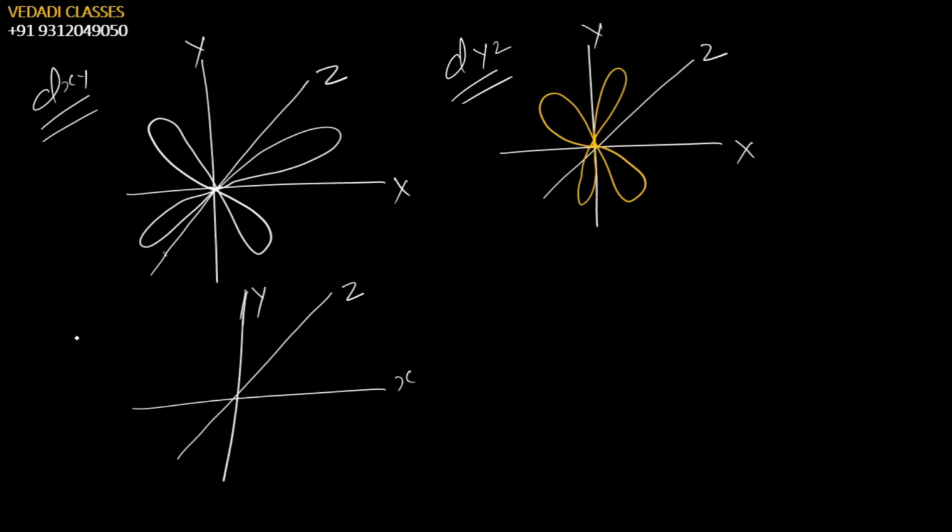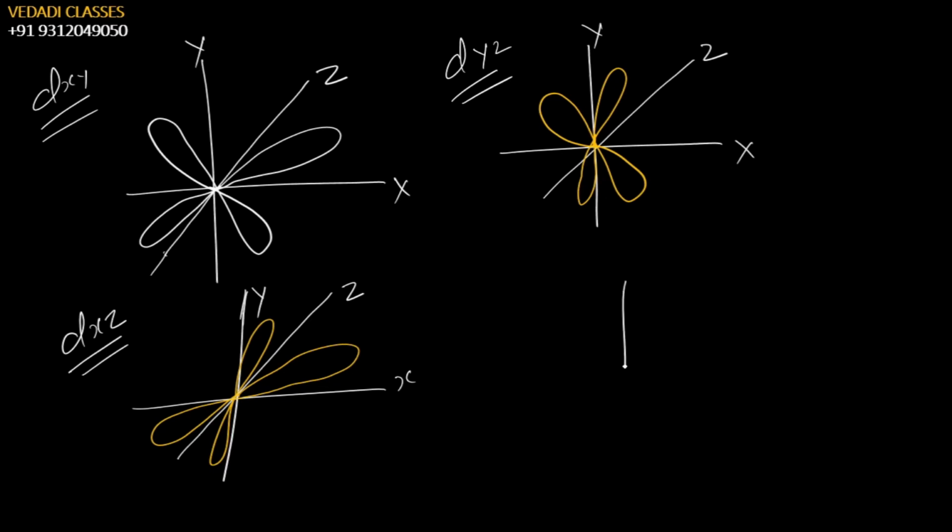Now dyz. Have a look here: this is the y plane, and this is the z plane. D has a double dumbbell, so one dumbbell is formed in the y plane and one in the z plane. Then this is dyz. Next we draw x, y and z again, and this time we form dxz. One dumbbell is formed in the x plane and the other in the z plane.